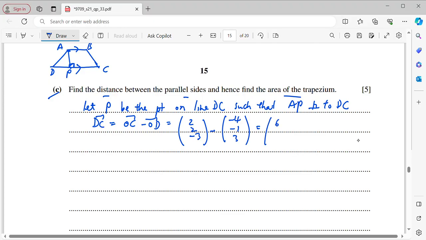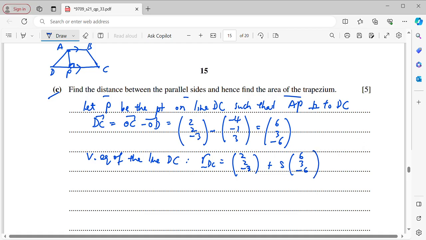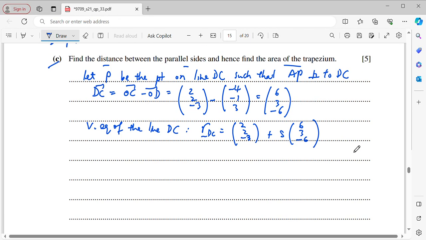Then this is going to be 6, 3 minus 6. So my vector equation of the line DC equals to, I just pick the point C, so 2, 2 minus 3 plus, just now I used T, so now I use S, 6, 3 minus 6. So you can leave it in 6, 3 minus 6, or you can just factorize a 3 and leave it in the simplest form, up to you.